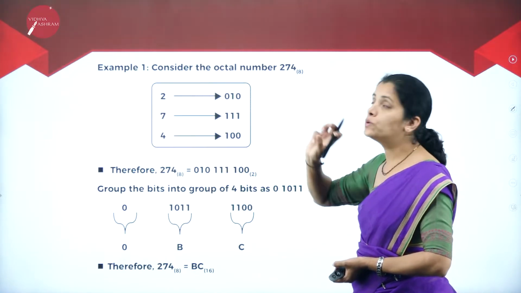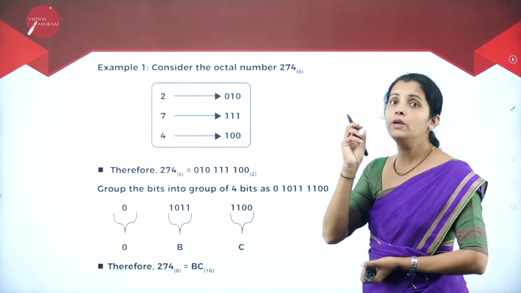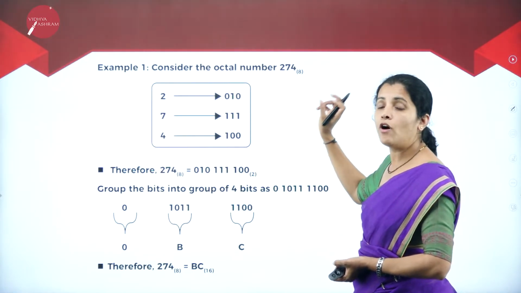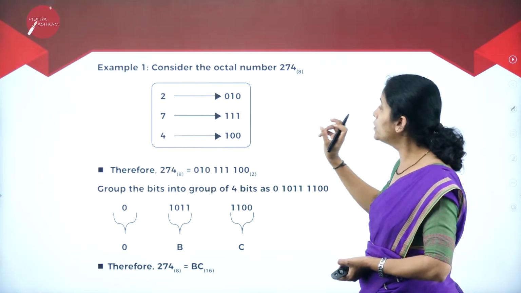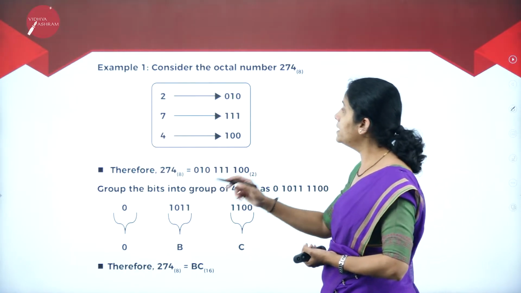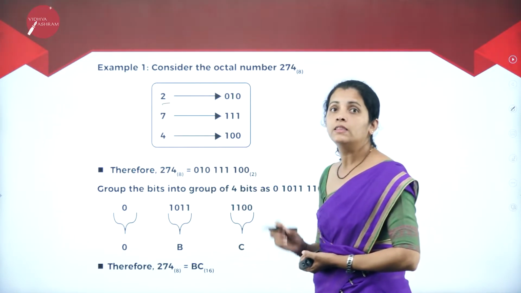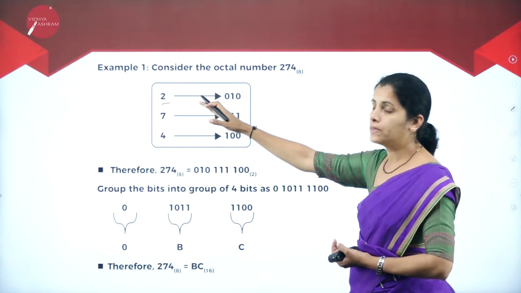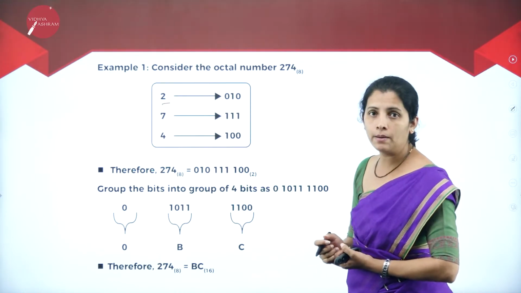First, I'm going to consider the individual digit from the octal number, and for that digit, I'm going to write the binary equivalent. So at the beginning, I have 2. Now I'm going to write the binary number.